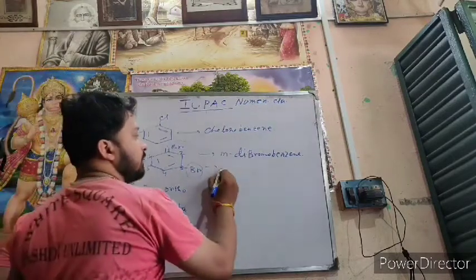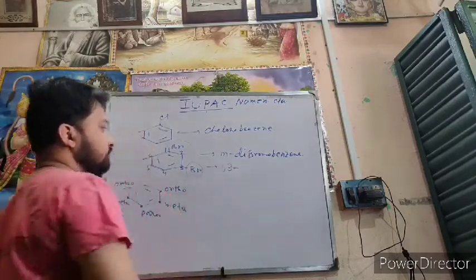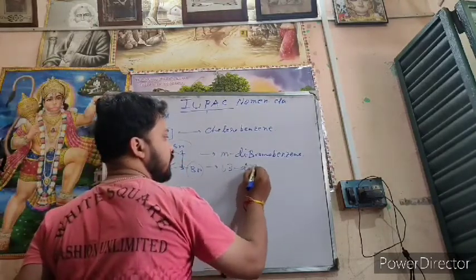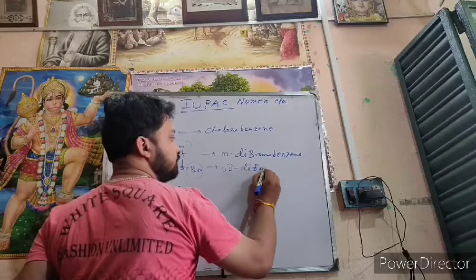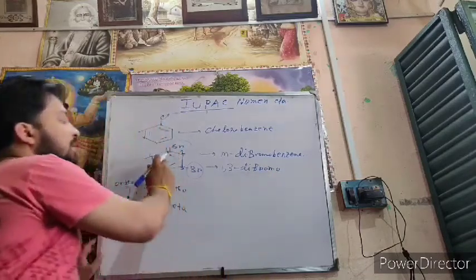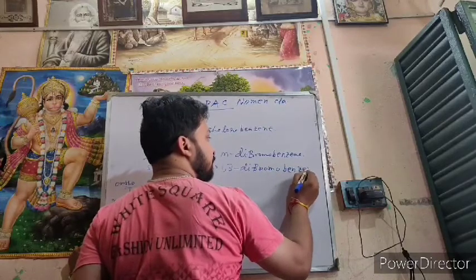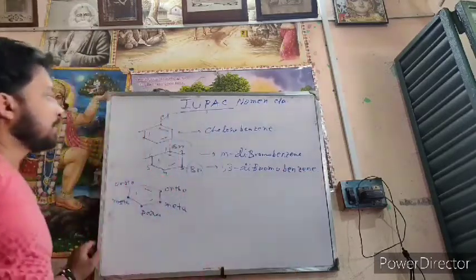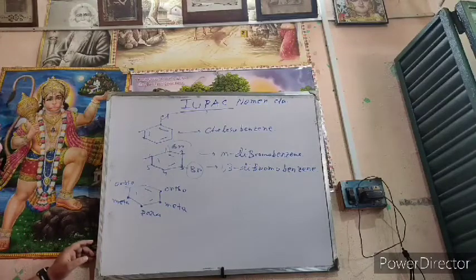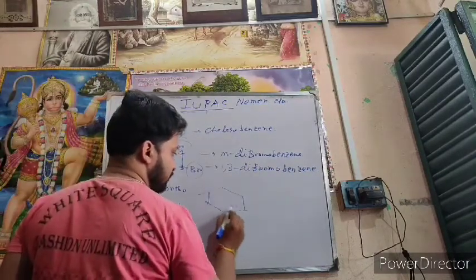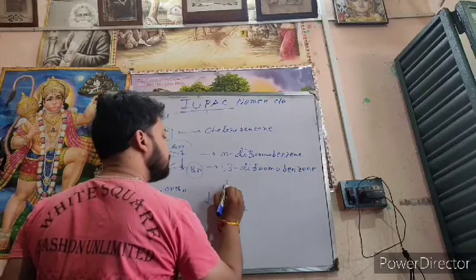So we can call it 1, 3 dibromo, and this is benzene. So 1, 3 dibromobenzene. Okay, very easy.